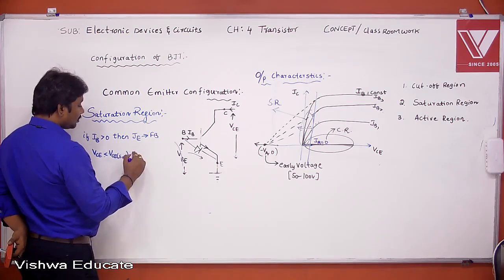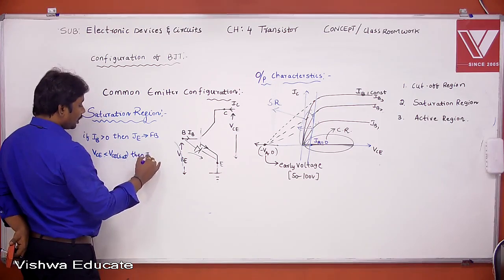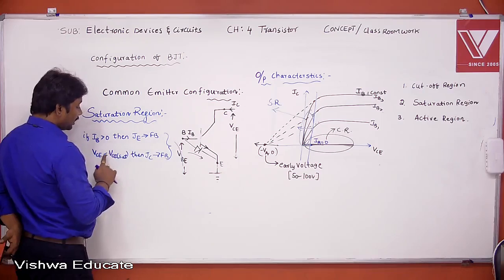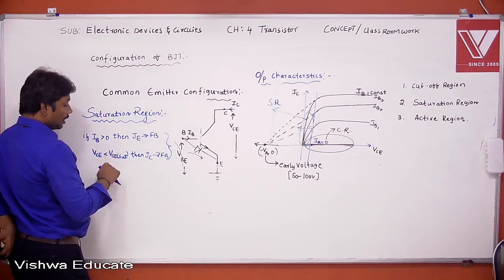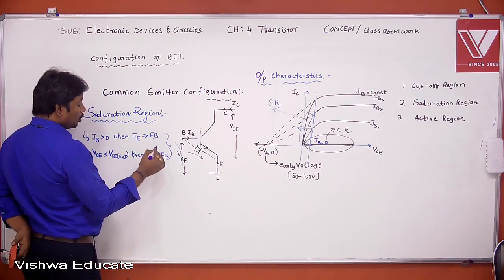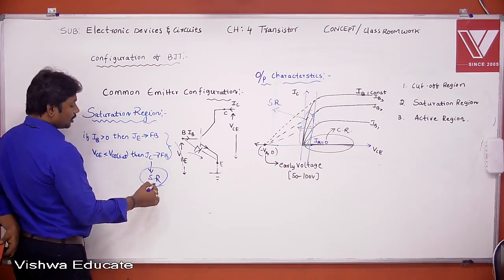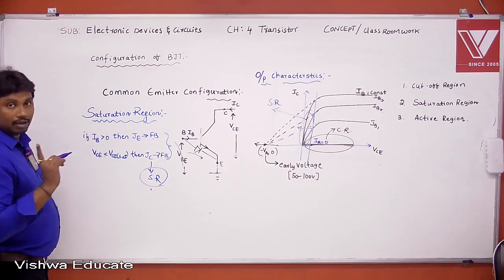The collector junction is also forward bias. Greater than means reverse bias, less than means forward bias. If both junctions are forward bias, it is in saturation region. Following or not?